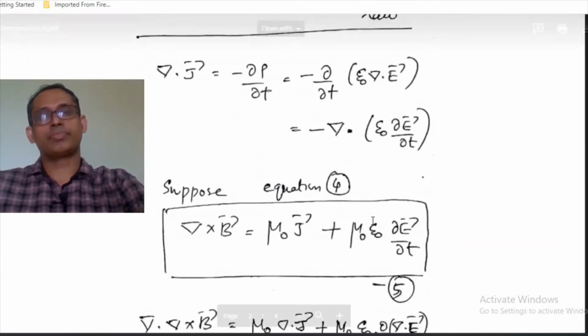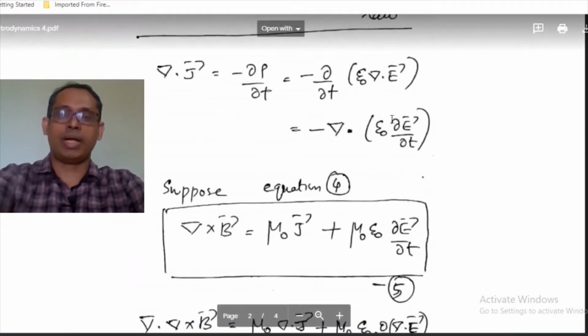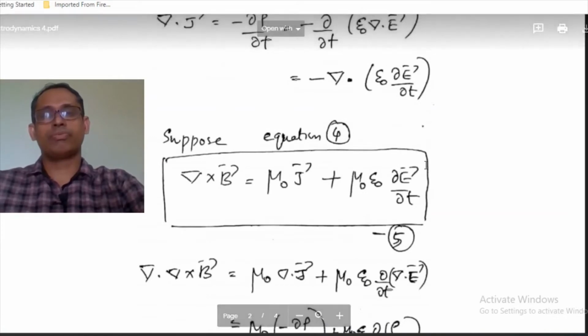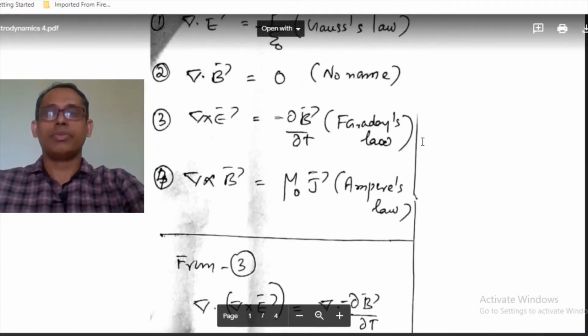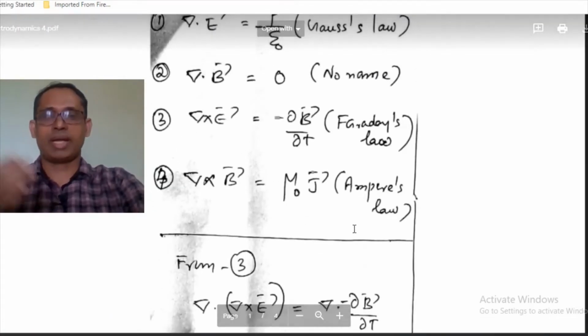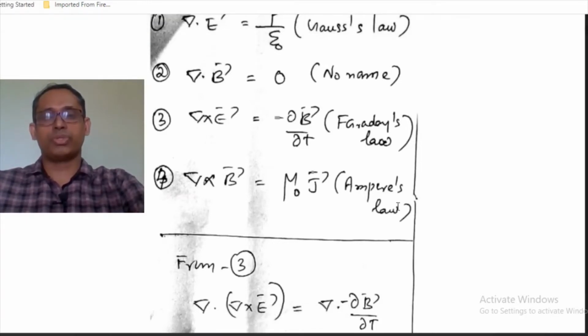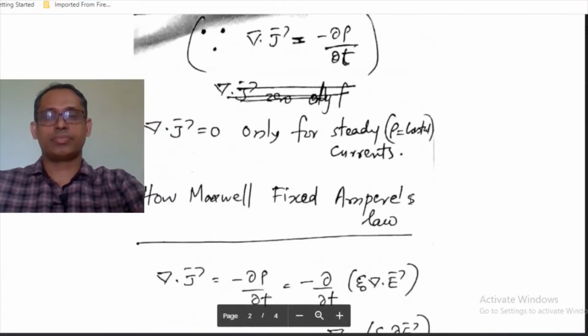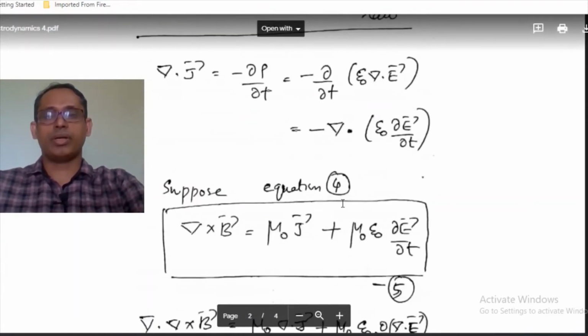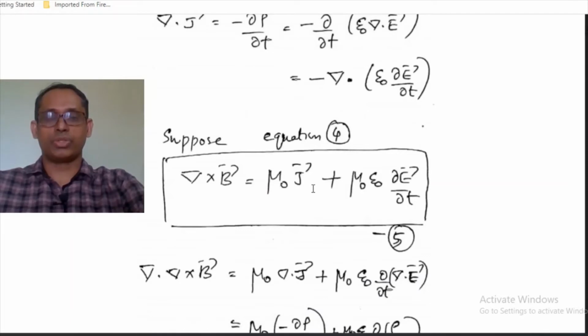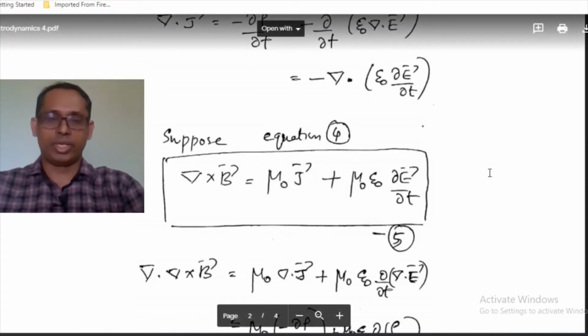Suppose, so we have this in our mind. Suppose equation 4 we modify. Actually, Maxwell modified equation 4, which is del cross B equal to mu 0 J, as this: del cross B equal to mu 0 J plus mu 0 epsilon 0 dou E by dou t.